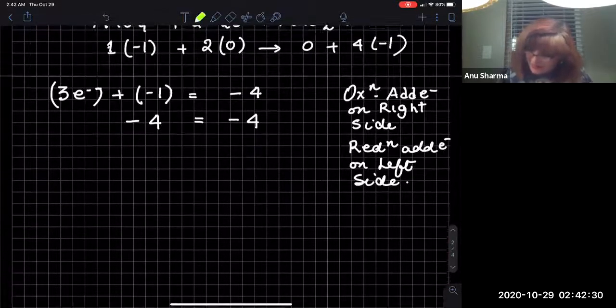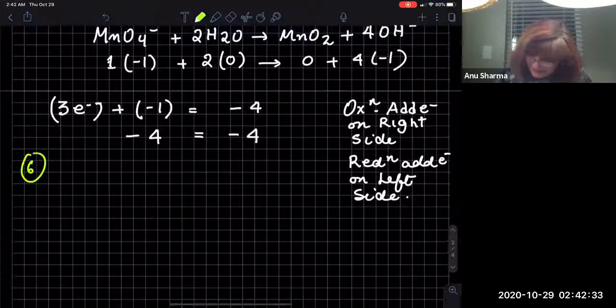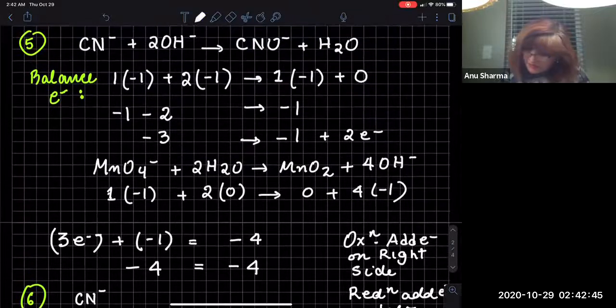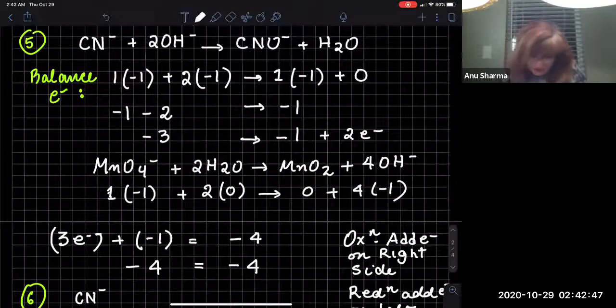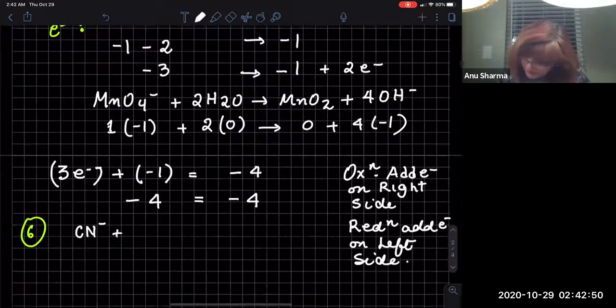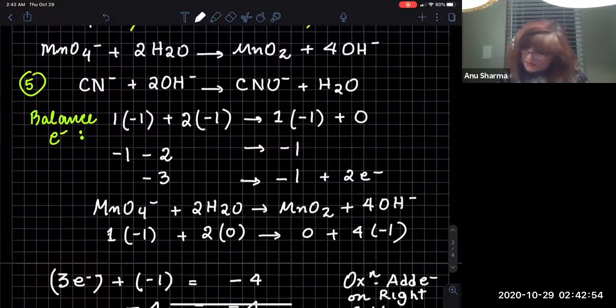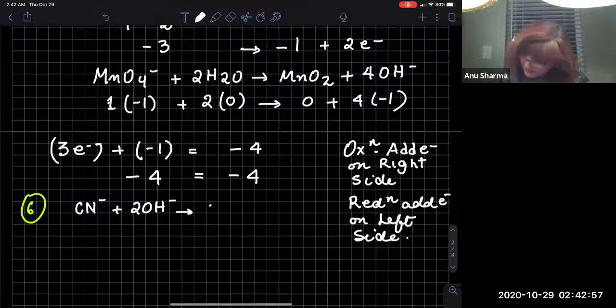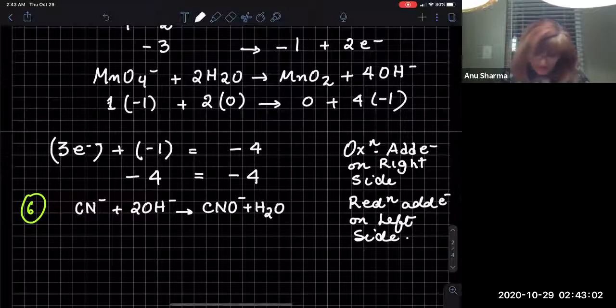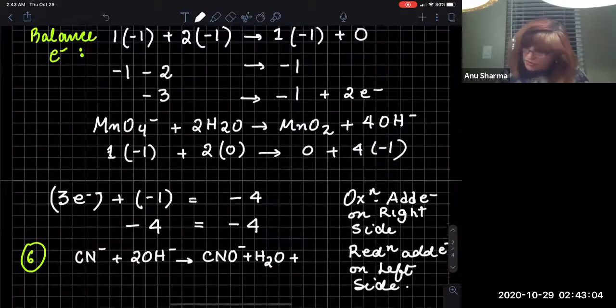Okay, here in the sixth step, you will write the balancing: CN⁻ plus 2OH⁻ gives you CNO⁻ plus water, and we added those 2 electrons.